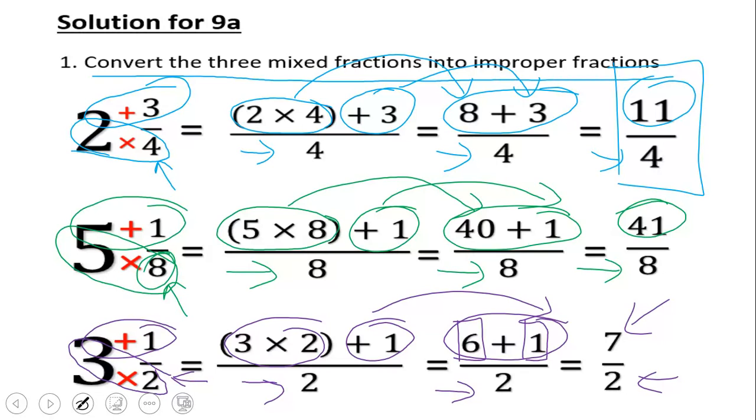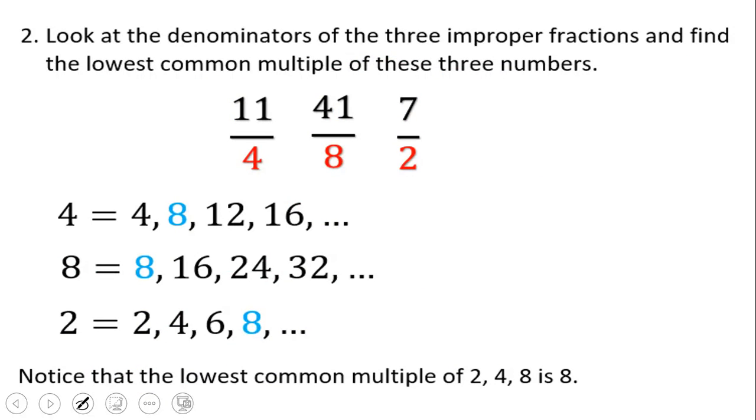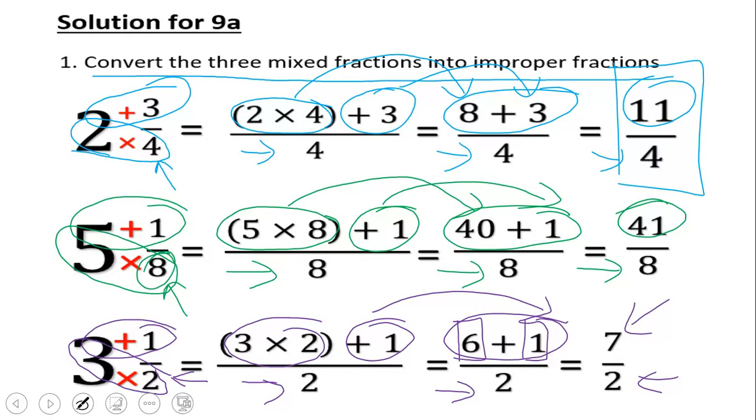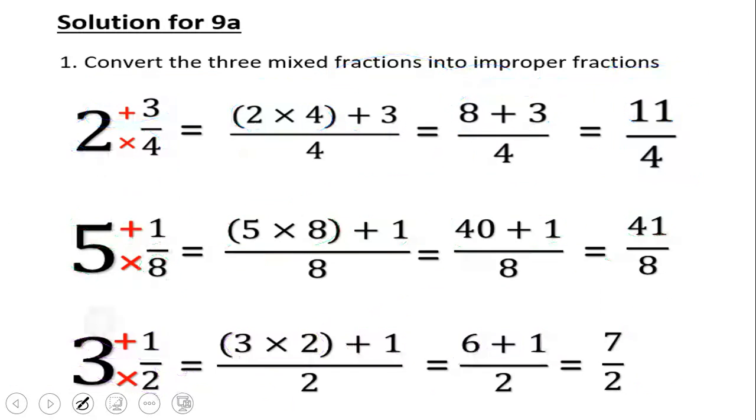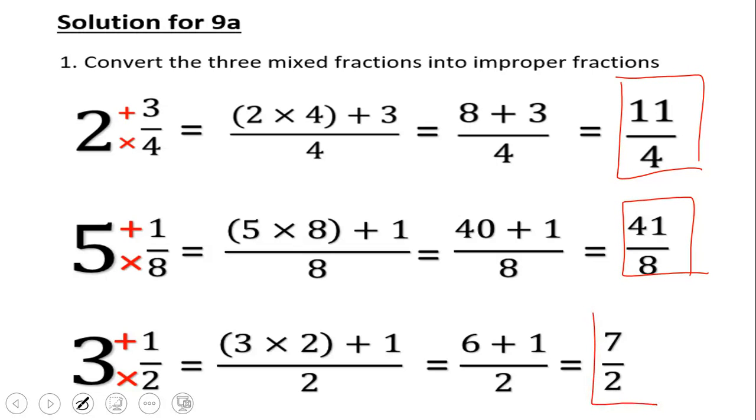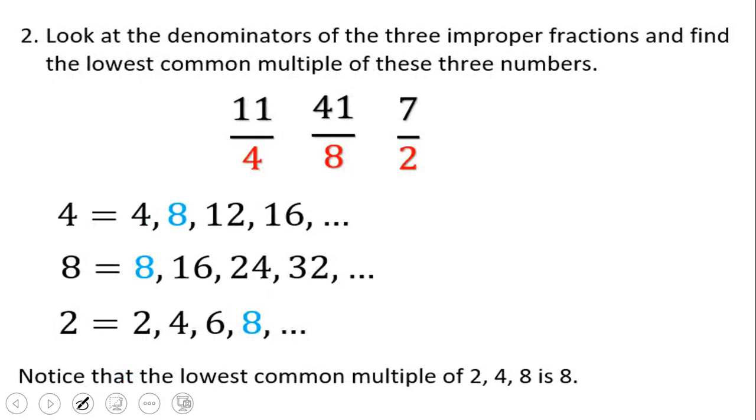Now it's time for the other step. Let us take these improper fractions and read the step. It says here, look at the denominators of the three improper fractions. These are the three improper fractions that we found.